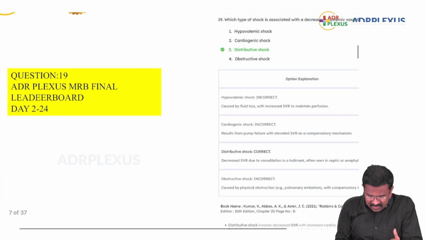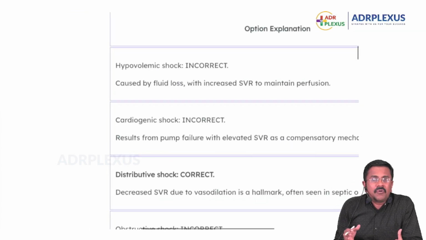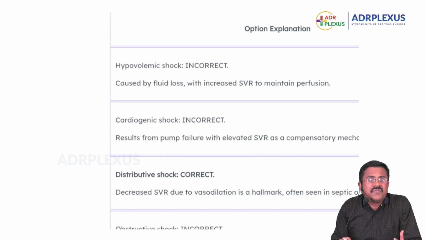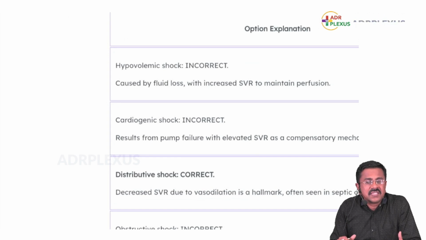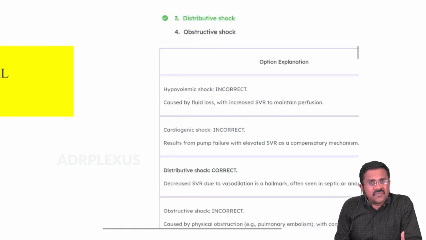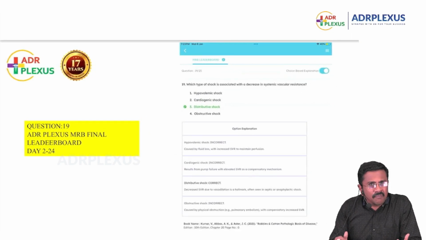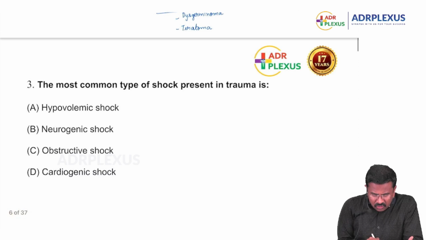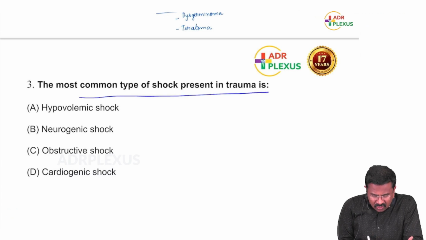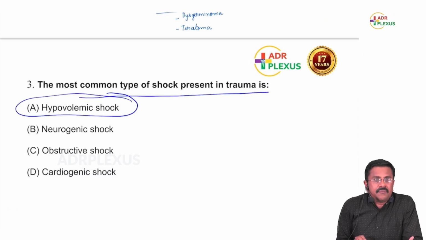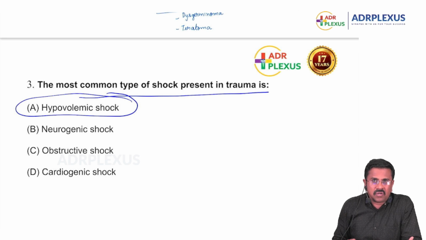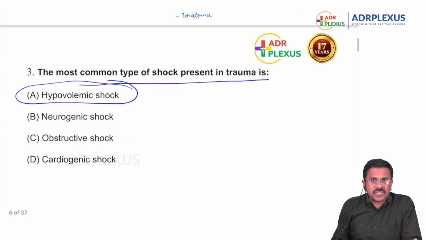We discussed that hypovolemic shock is caused by fluid loss, with increased systemic vascular resistance to maintain perfusion, which makes it the most common cause of shock in blood loss. So the most common type of shock present in trauma is hypovolemic shock, because of the volume loss.